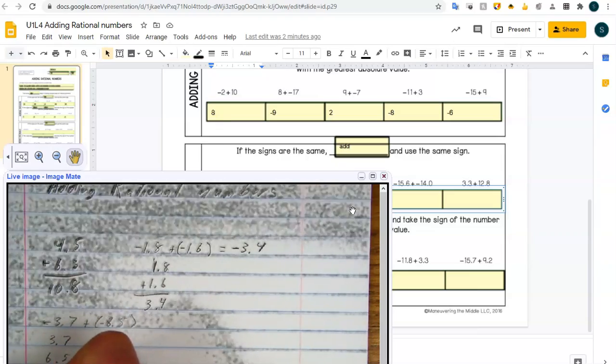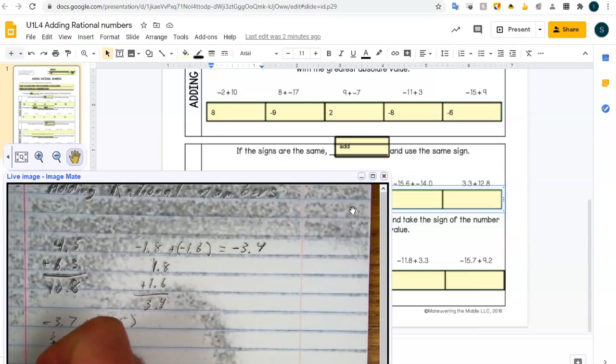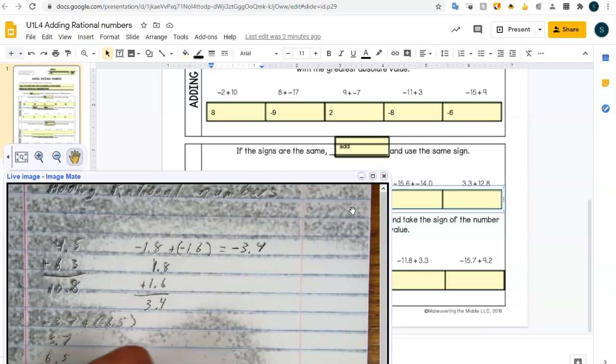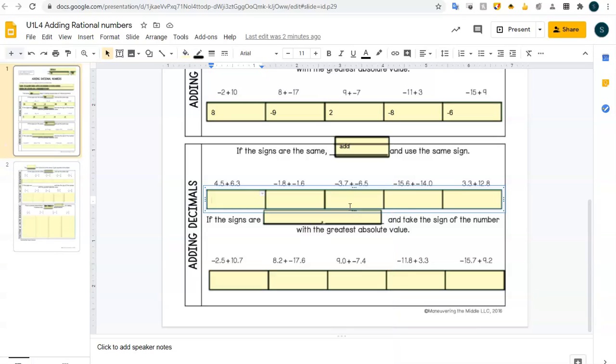So here I've got 12, carry the 1, 6, 7, 8, 9, 10. So I get 10.2. And I guess I could have filled these in, so we had 10.8, negative 3.4, and then we had negative 10.2.